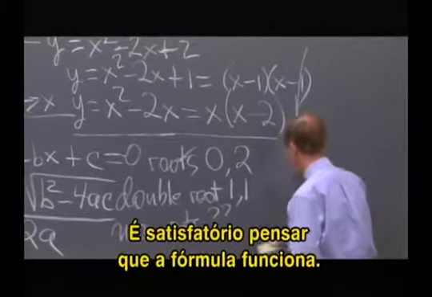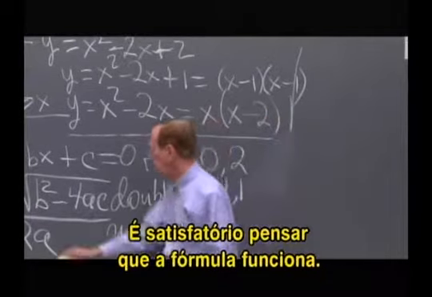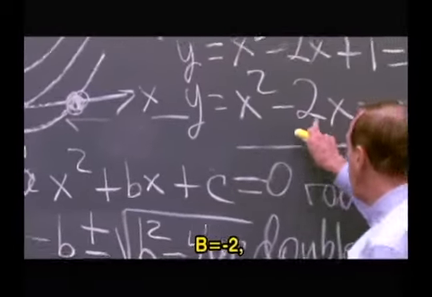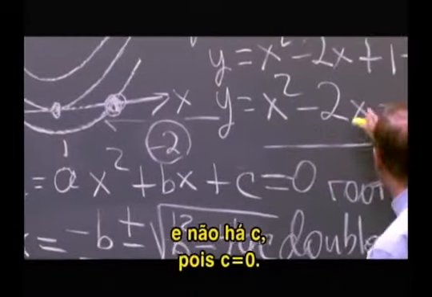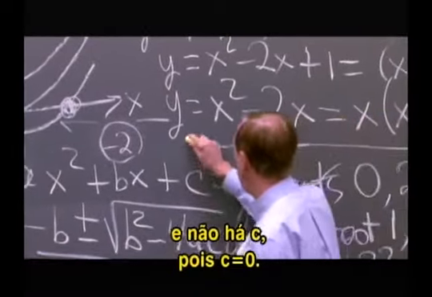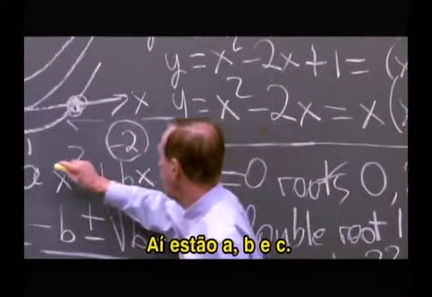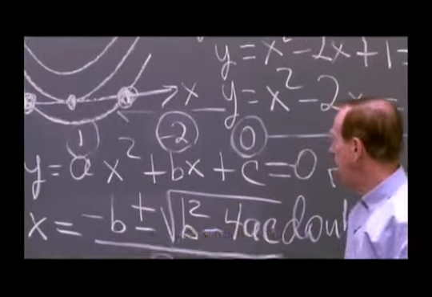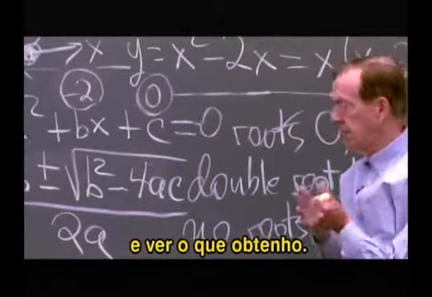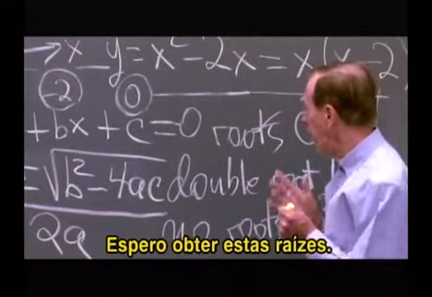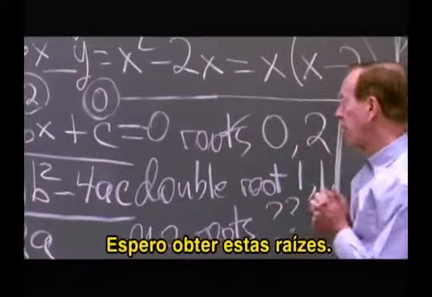It's satisfying to think that, okay, this formula works. The B is minus 2, and there's no C. The C is 0. So there's my A, B, and C, and for practice, I'm going to put them into this formula and see what I get. Hopefully, I get these roots.